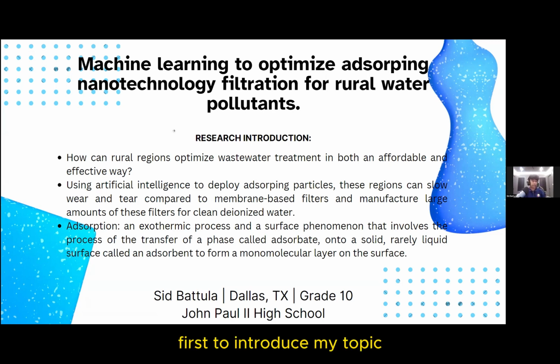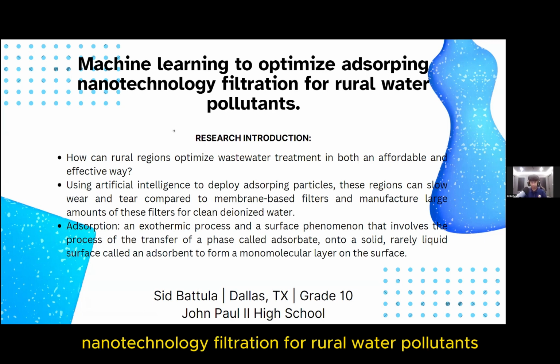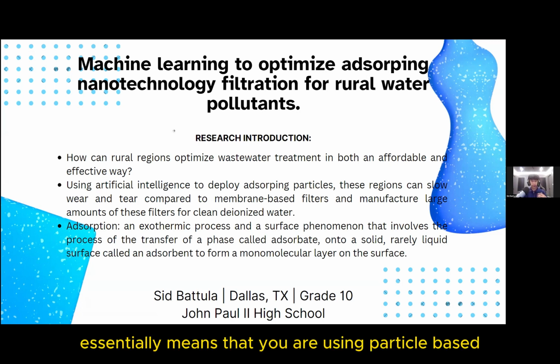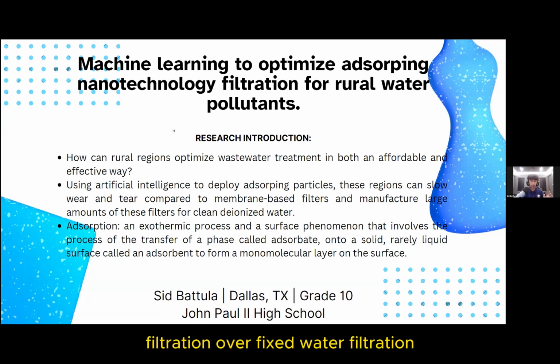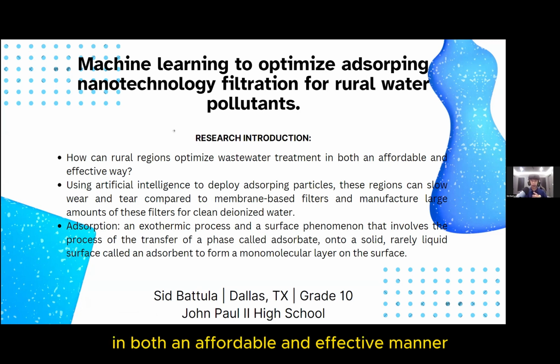So first, to introduce my topic, it is on using machine learning to optimize adsorbing nanotechnology filtration for rural water pollutants. That essentially means that you are using particle-based filtration over fixed water filtration. To introduce my research, I'm going to answer the question: how can rural regions optimize wastewater treatment in both an affordable and effective manner?